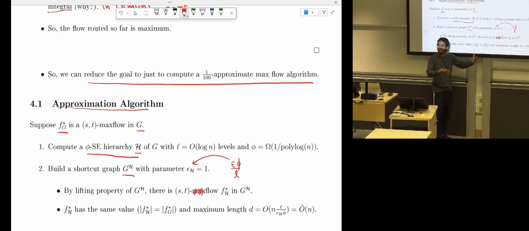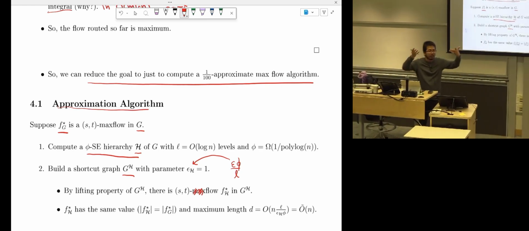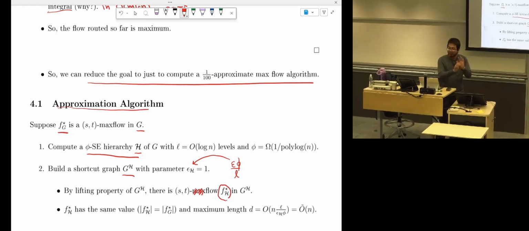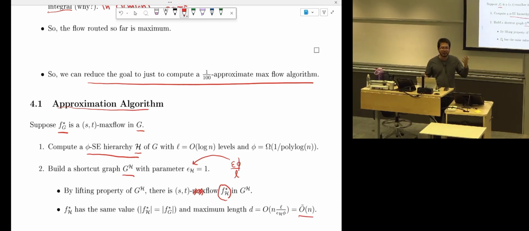It routes the same demand, but now it's short. I can lift any flow in the original graph to a short flow in the shortcut graph. So this is kind of our target that we don't know, but we know that it exists: a short flow in the shortcut graph whose value is as big as the maximum flow.